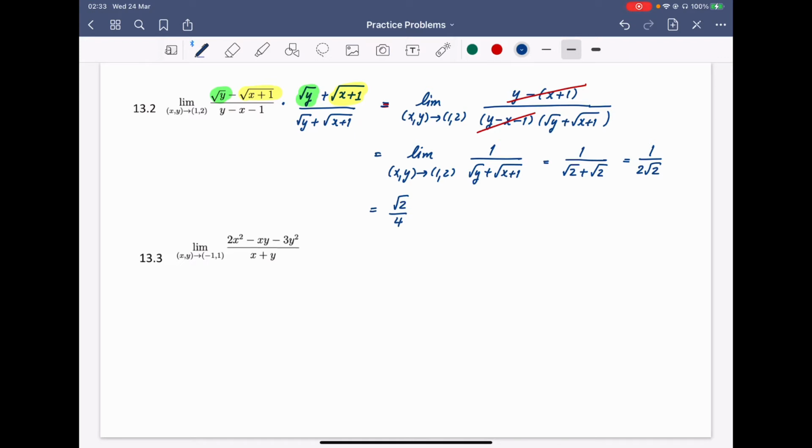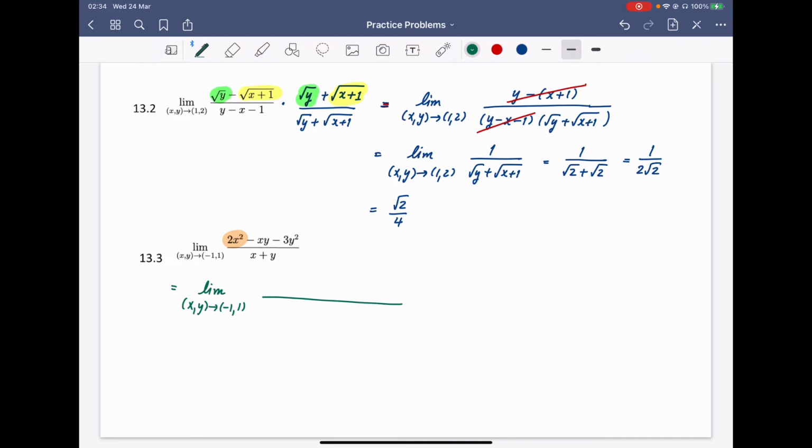So, well, let's do it. So this is the limit as x, y go to -1, 1. All right. So I'm gonna try to factor the numerator. The first term that you see here is 2x squared.